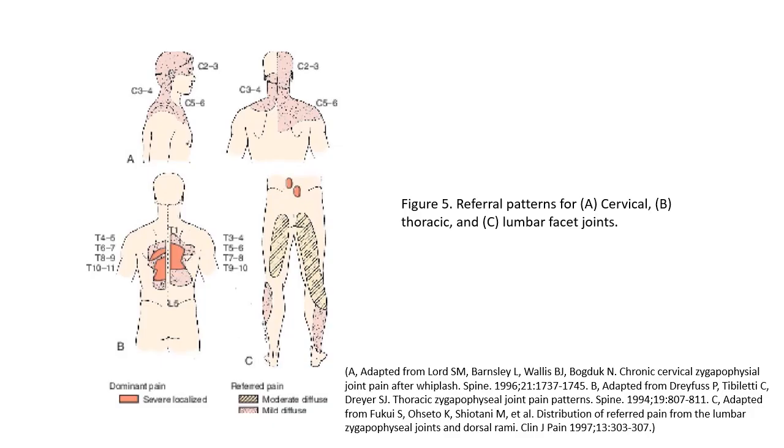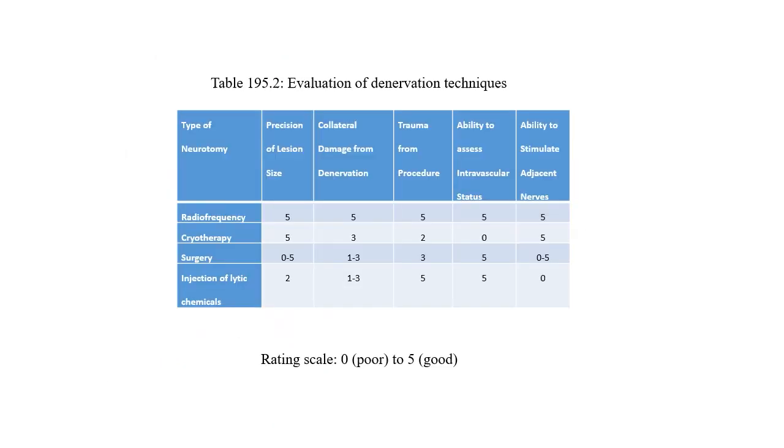Various technical considerations have led to the use of radiofrequency energy as a method of choice for denervation of the medial branches. This is illustrated in Table 195.3. The same lesion generator used for intracranial functional neurosurgery is used for radiofrequency neurolysis.